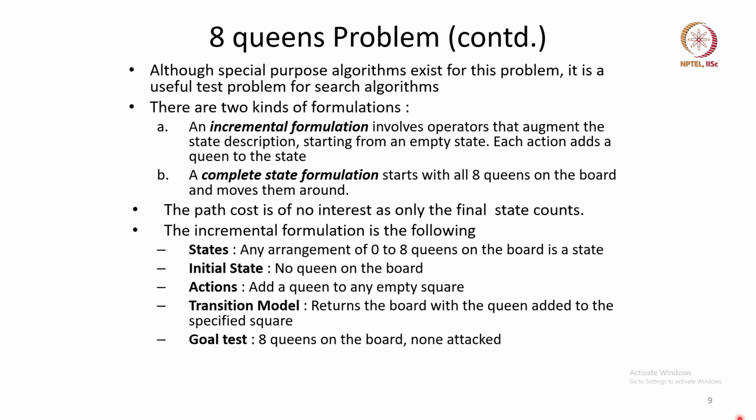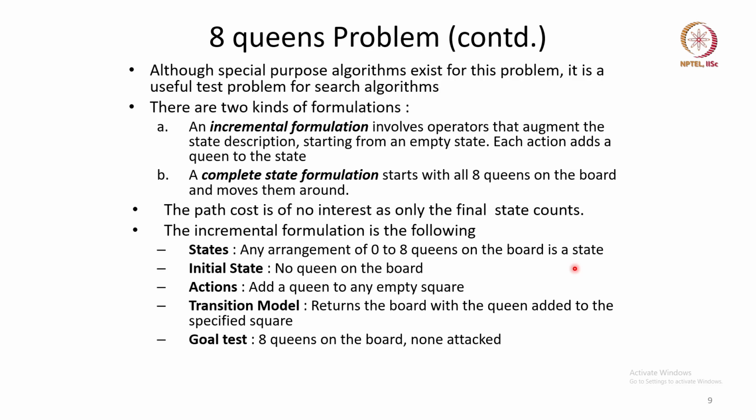So what is the definition of all these things? What is the state here? Any arrangement of 0 to 8 queens on the board. So it could be just having no queens on the board. You start with no queens on the board, then you have say 1 queen, 2 queens, 3 queens, etc. So any arrangement of any n number of queens which is less than or equal to 8, right?